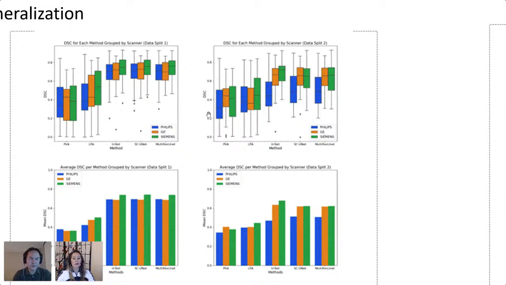Interesting. What do you think is the difference in performance due to when you use data from different sites and keeping consistency across devices? Well, I think that deep learning learns a highly nonlinear, complex relationship in the data, and so it learns something that is data set specific or scanner specific.